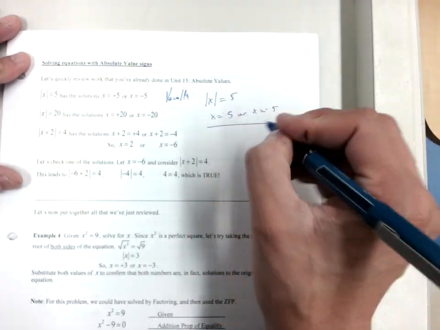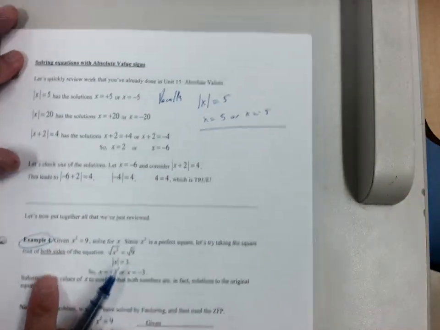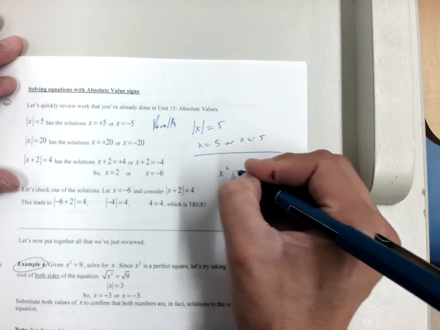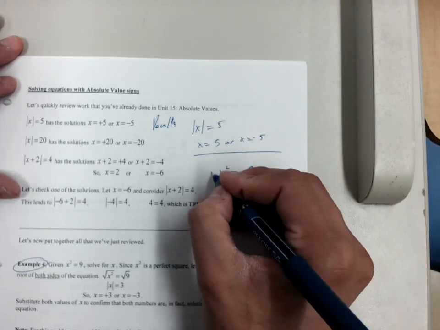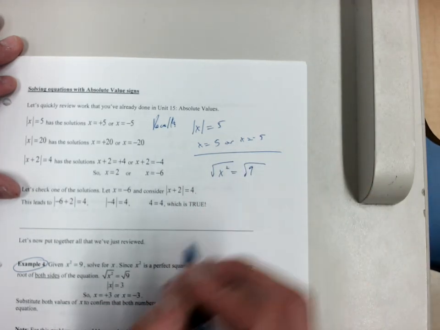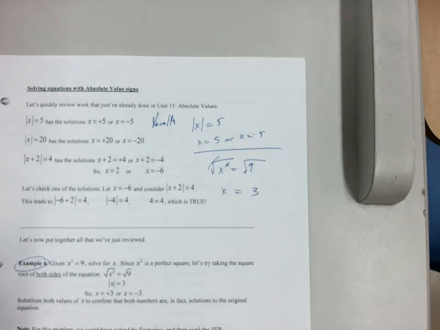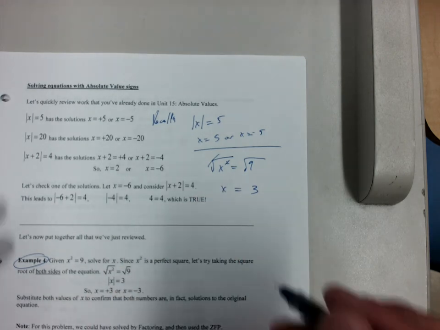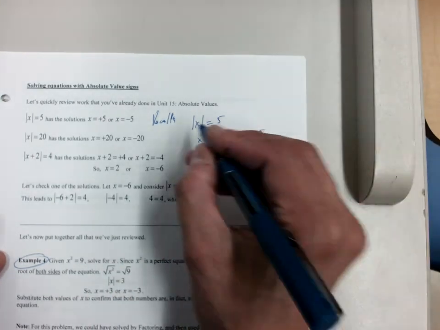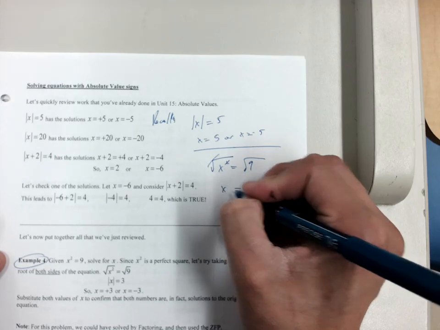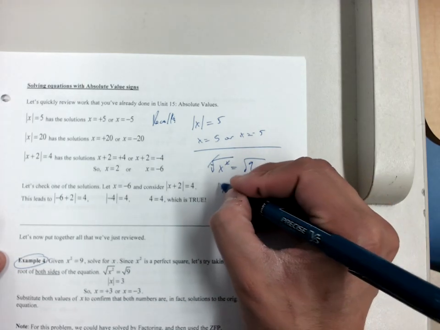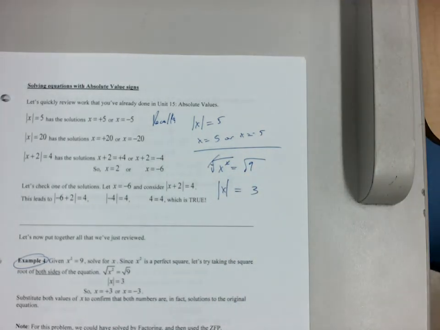For example, down here, example 4: if you have x squared equals 9, you want to apply the square root to both sides. If you do that, these cancel out and you get x is 3. But if you remember, this is a problem. We don't know what x is, whether positive or negative, and because the index is even, we put an absolute value there.